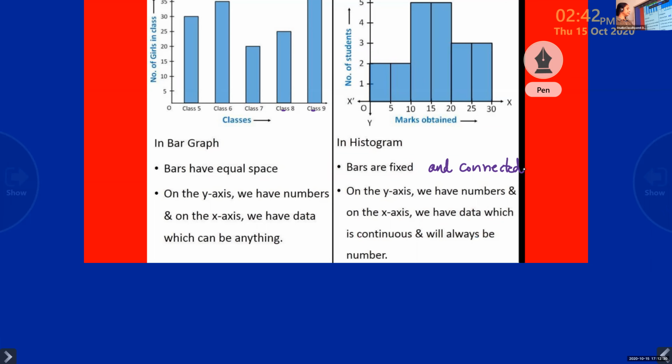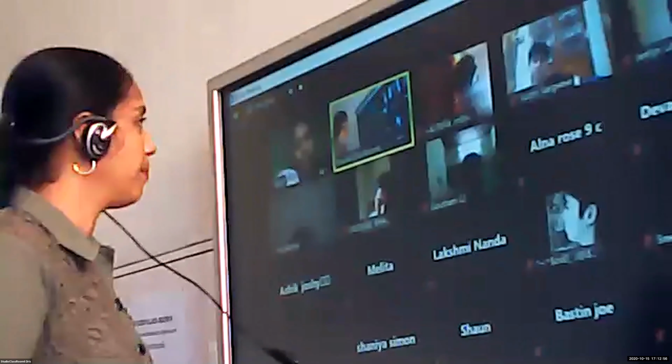Okay. Shall we move to the next one? Now finished. Don't draw it. Just write the specialities, only that, bar graph and histogram. Ma'am, I'm not finished.